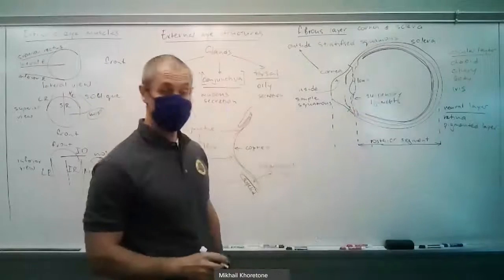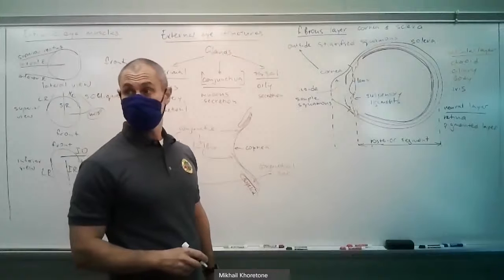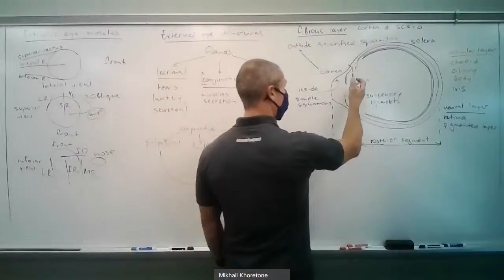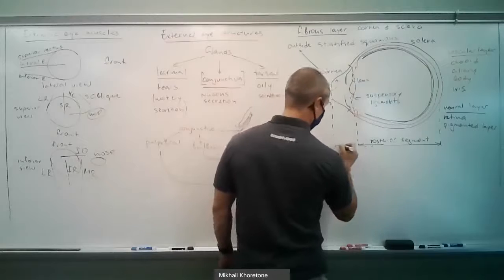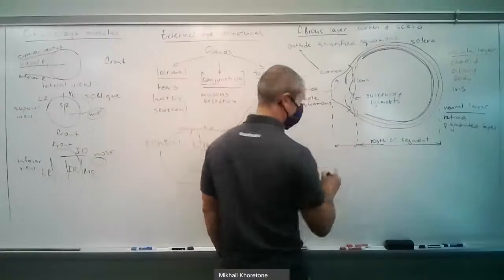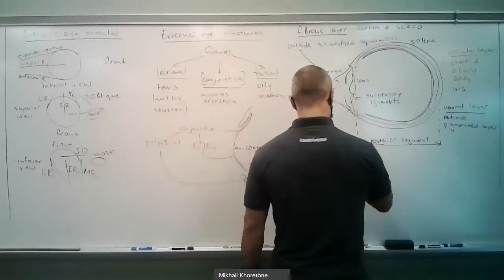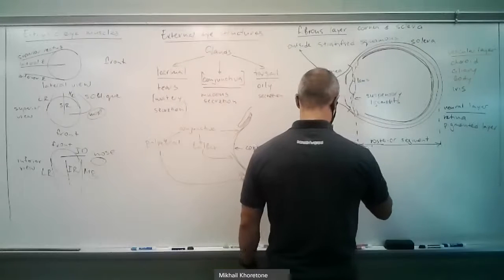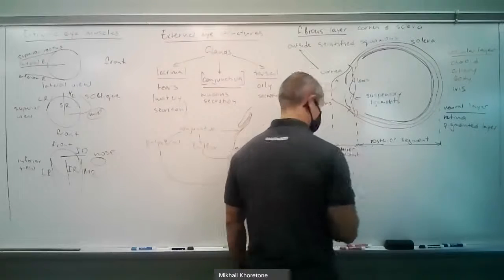Does that make sense? Now, the part between the lens and the cornea is, as you can guess, the anterior segment.